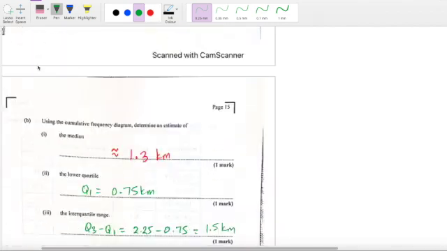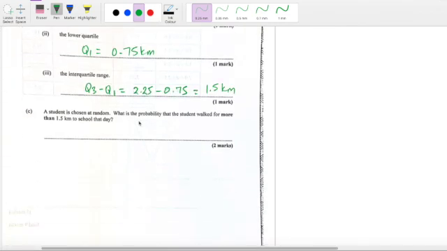So the probability of greater than 1.5 kilometers is the number of students that walked more than 1.5 divided by the total number of students, which is a probability of about a third.